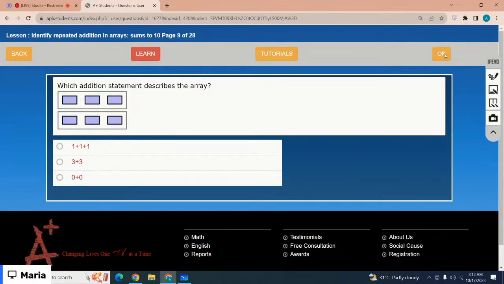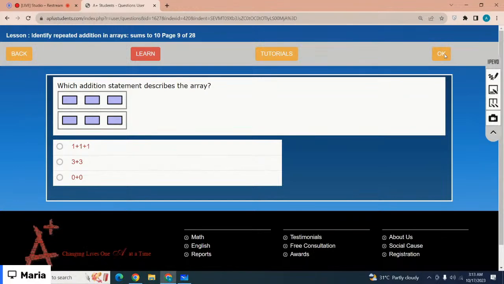Which addition statement describes the array? Which is the correct option? The correct option is very good.